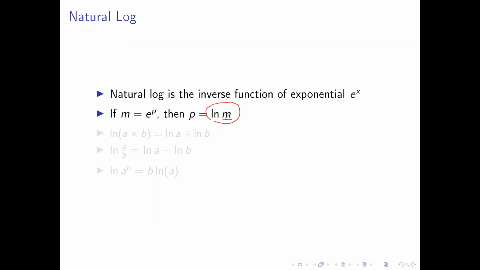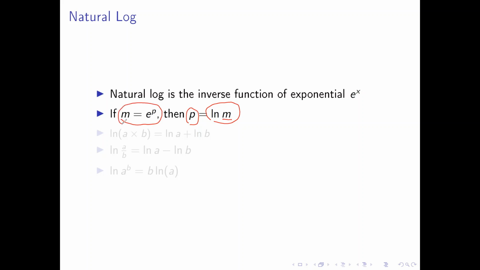So I want to raise e to some power, and the power I don't know. And once I raise the power, this term is equal to n. Then my question is, what power should it be raised to? Well, it turns out to be p if we know this equation.